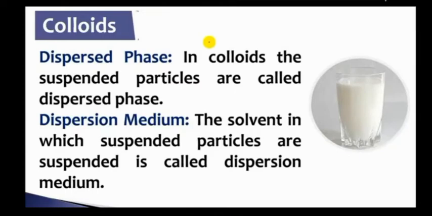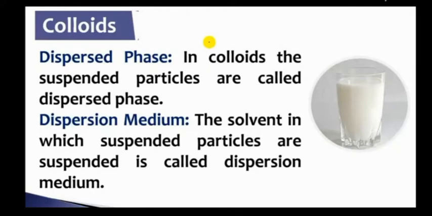And what is the dispersion medium? The solvent in which the particles are suspended is called the dispersion medium. Dispersed phase is the solute, the suspended particles, and dispersion medium is the solvent in which the solid particles are dispersed.